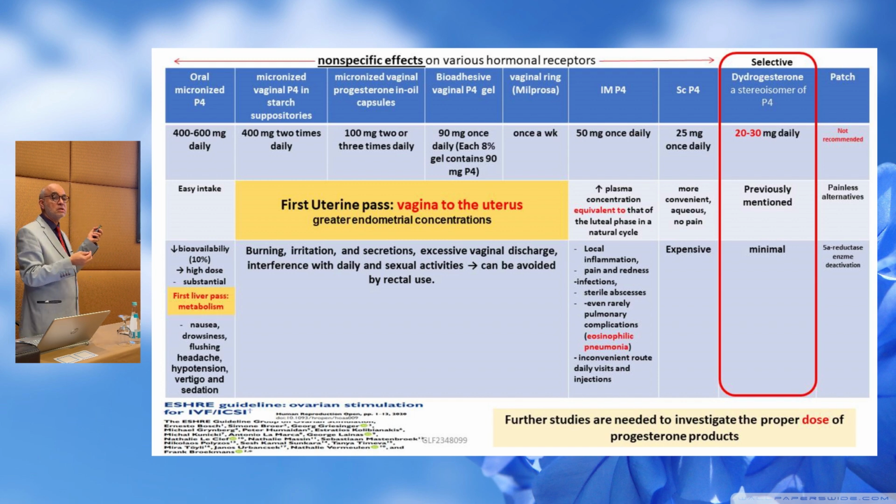Or injections, intramuscular injection or subcutaneous injection, these are available. Oral micronized progesterone is not recommended because of very low bioavailability and first liver pass, but with the vaginal route there is a first uterine pass, it goes from the vagina to the endometrium and myometrium directly. So it is advantageous over the oral method.